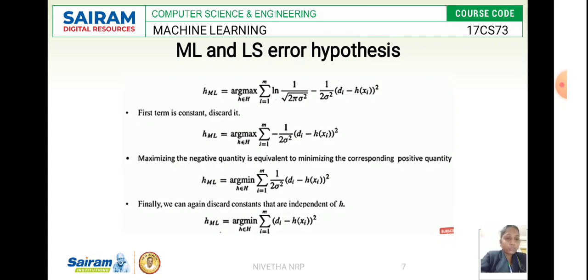When you reduce the errors, that helps you to achieve the higher maximum likelihood condition. So when your errors are less, the probability of occurrence of the likelihood condition will be higher. That is the concept you have here.